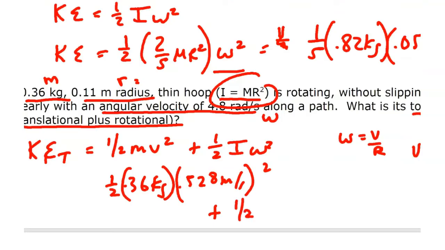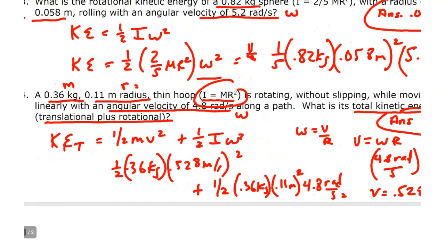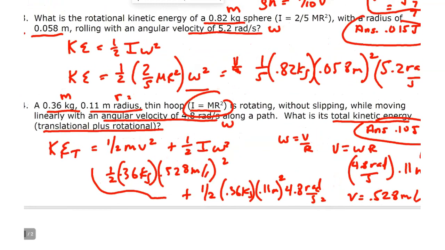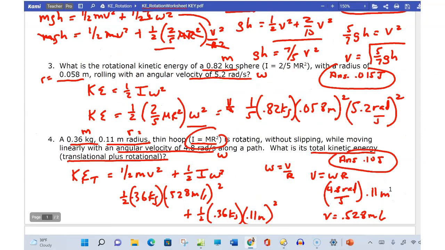All right, 1/2 the moment of inertia is mr squared, so that's 0.36 kilograms times r squared, which is 0.11 meter squared, times the angular velocity they gave us, 4.8 radians per second, squared. So if you do all the calculations, you get this answer right here, 0.10 joules. It's a little tough to see, that's a joule. 0.10 joules. And I think that's going to be it for this one.